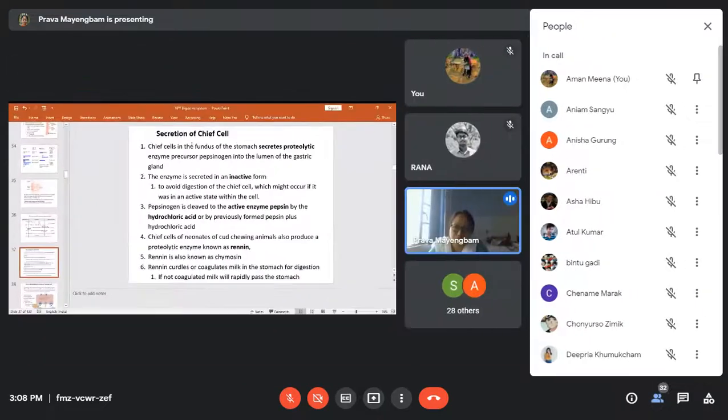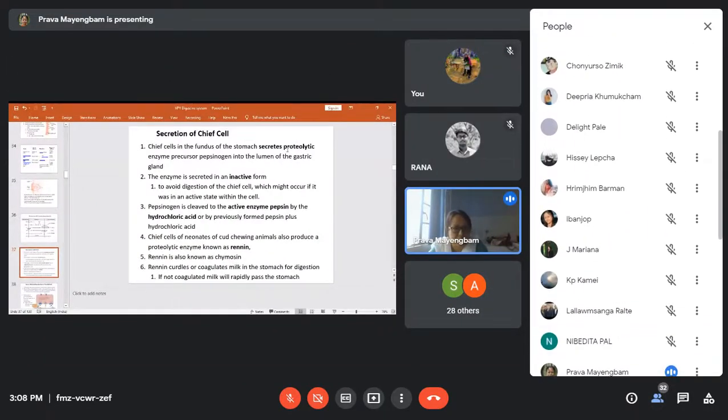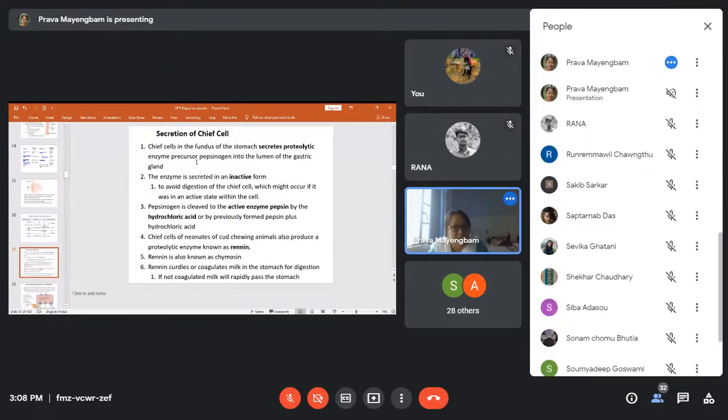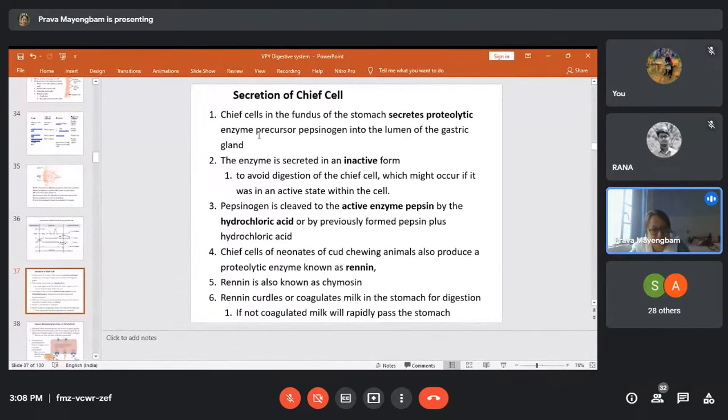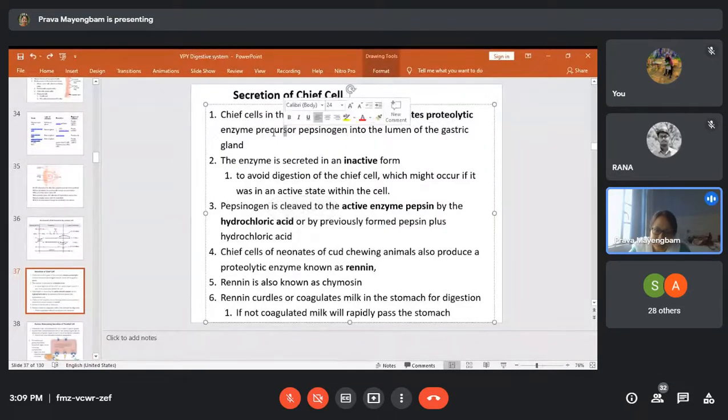One proteolytic enzyme is secreted by the chief cell in its precursor form, before it becomes an active enzyme, that is pepsinogen, into the lumen of the gastric gland.